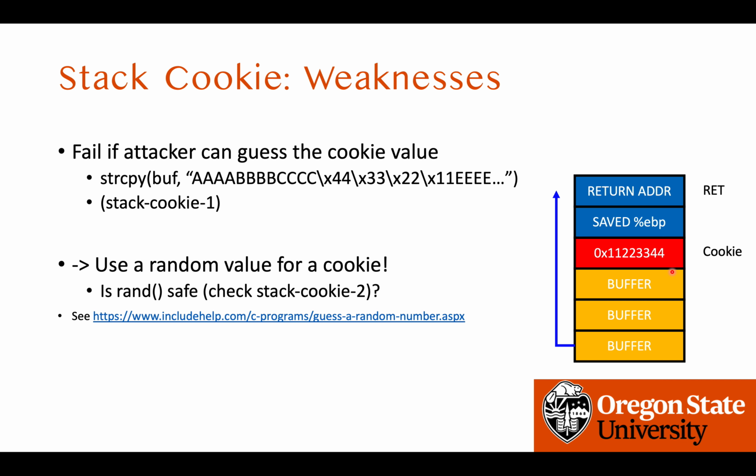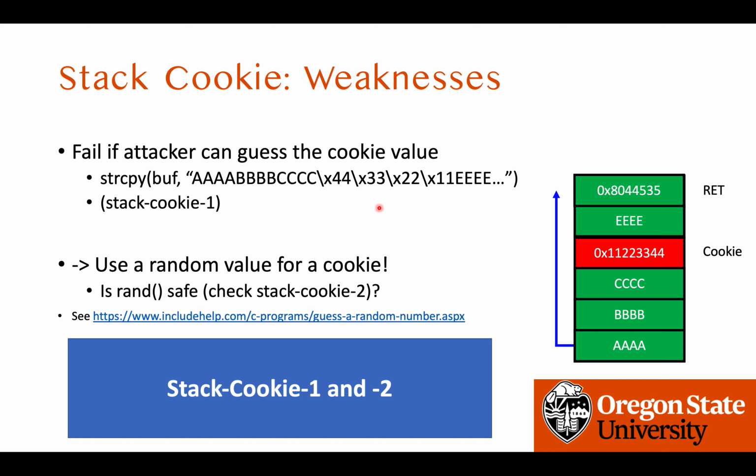Then the attacker can overwrite the saved EBP and the return address without changing this cookie value, by just writing the same cookie value in the buffer. The attacker overwrites the saved EBP and the return address while the cookie value remains the same. In this case, we cannot detect the attack at all.